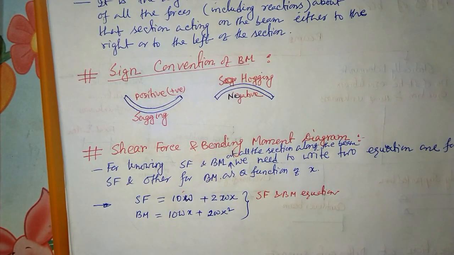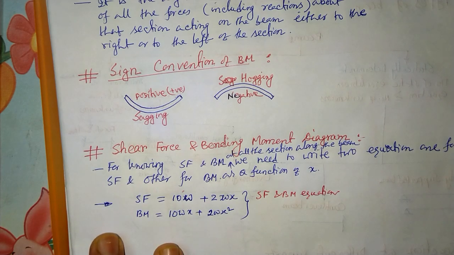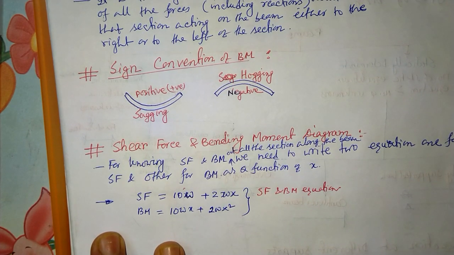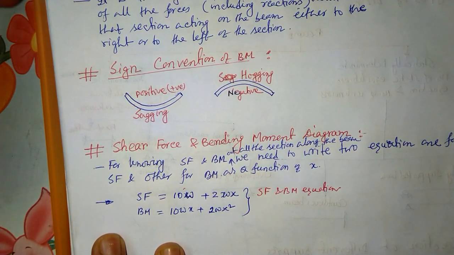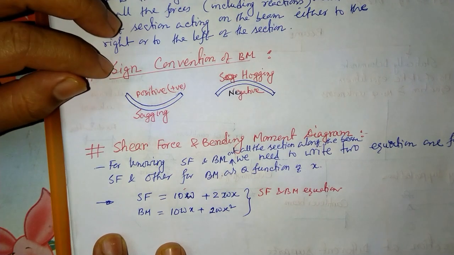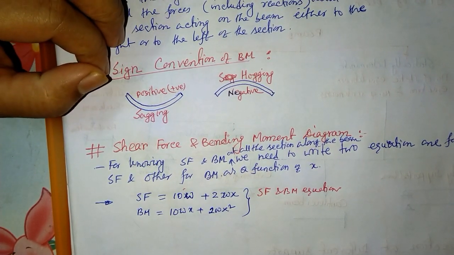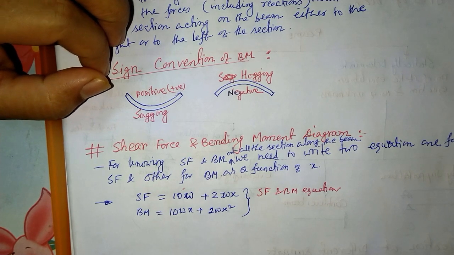Okay, and if we plot these two equations, then it is known as the shear force diagram and bending moment diagram. We do this for knowing the maximum shear force and bending moment at any section of the beam.